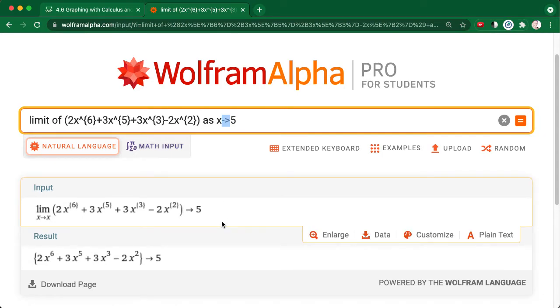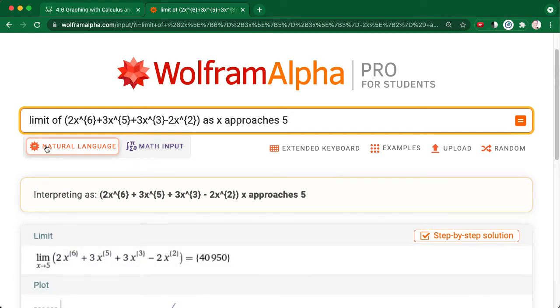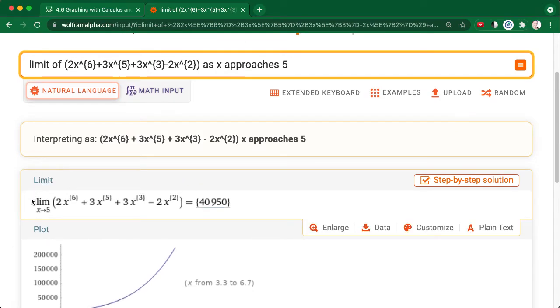I guessed that it might work, but if it hadn't worked, I would have just used the words. So this is the beauty of the natural language version: you just put in the words that you would use to say this math stuff, and then it will translate it into the mathematical notation for you.